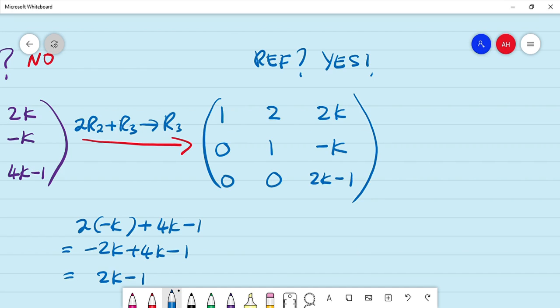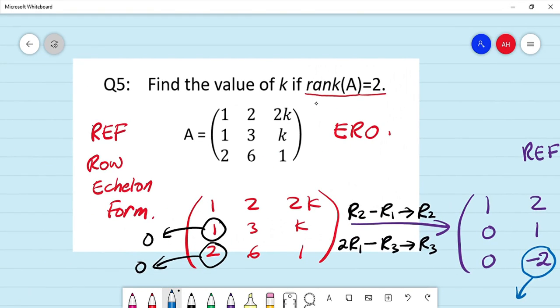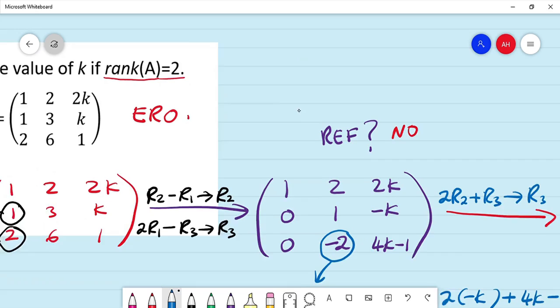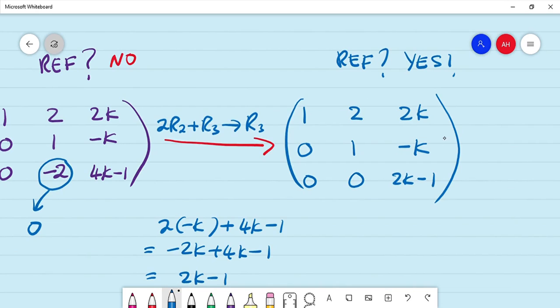Now we are ready to write down the equation, because we are given in this problem that matrix A has rank equal to 2, meaning the number of non-zero rows when it is in REF must be 2 non-zero rows only. Meaning to say this last row must be a 0 row. That's what the rank of a matrix means: the number of non-zero rows when it is in REF form.